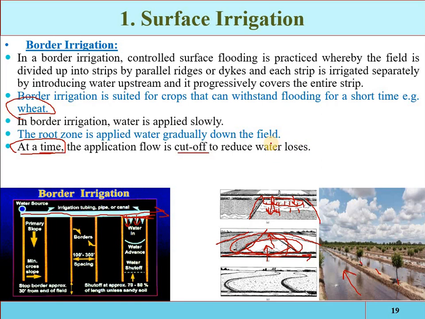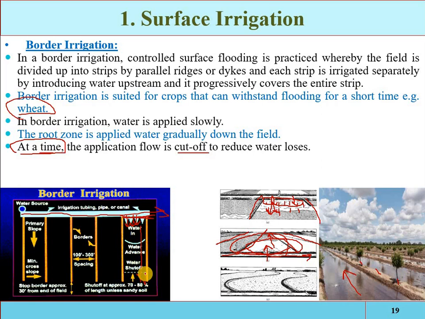Now you can see that in this case there are two types of losses. If the water is not cut off at the right time, then a maximum amount of water will be lost either by deep percolation if the soil is permeable, or by runoff from the field if the soil is impermeable.